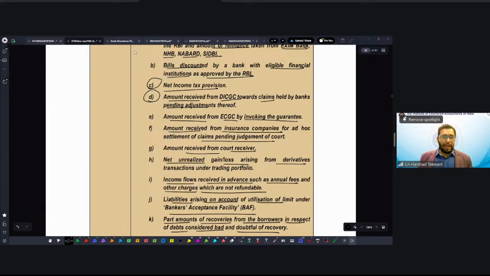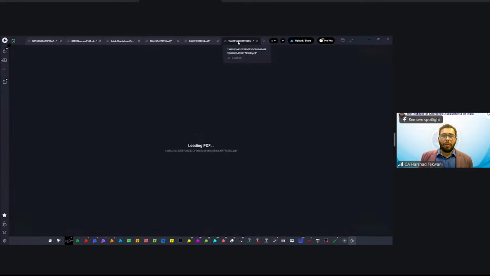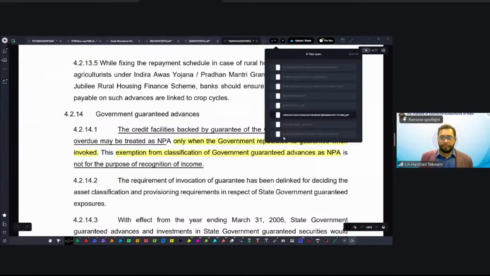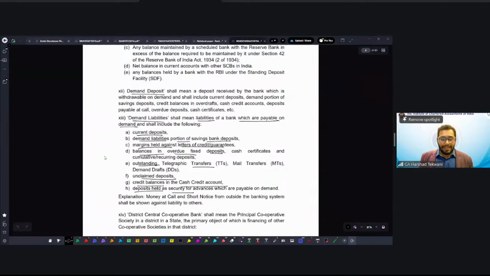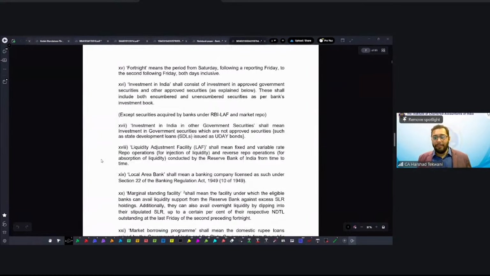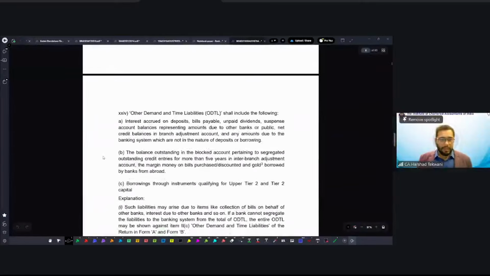For example, I'll show you one more. There is a term called other demand and time liability, which will include interest accrued on deposits, bills payable, unpaid dividends, suspense account balance, net credit balance in branch adjustment account, any amount due to the banking system which is not in the nature of deposit or borrowing.